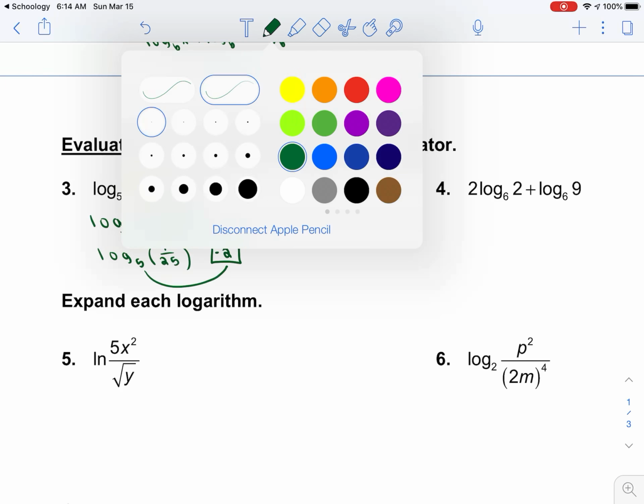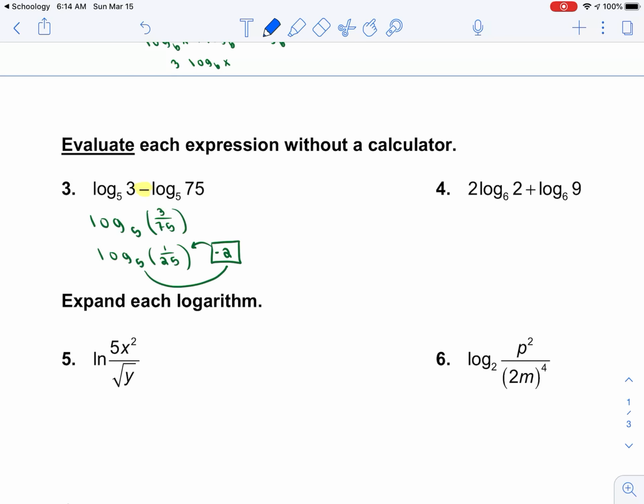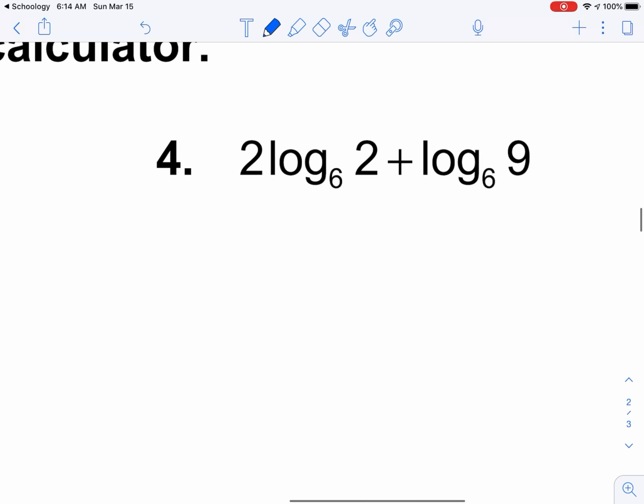Same thing with example 4. With number 4, we want to evaluate this, but let's use the properties to condense it first. If you ever have a number in front, you can bring it back as the exponent. So this would become log base 6 of 2 squared, which becomes 4.